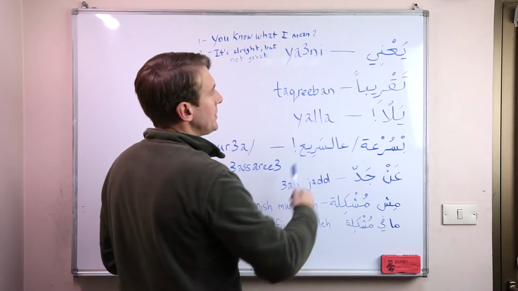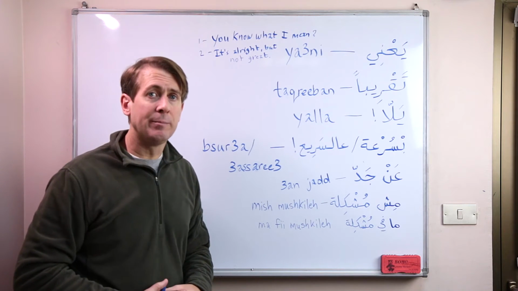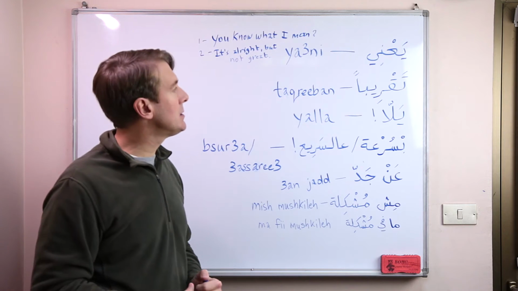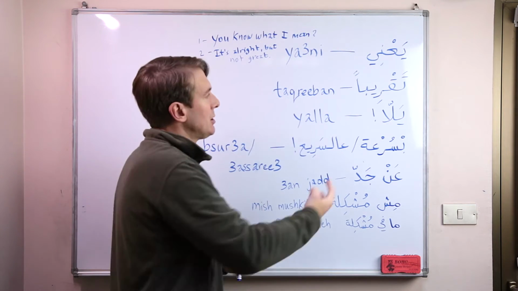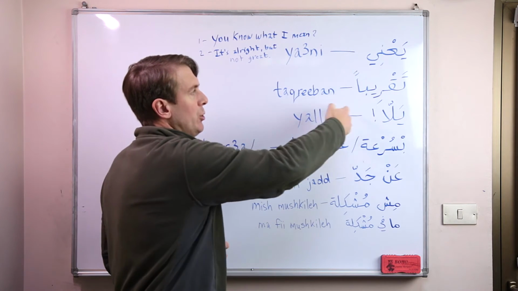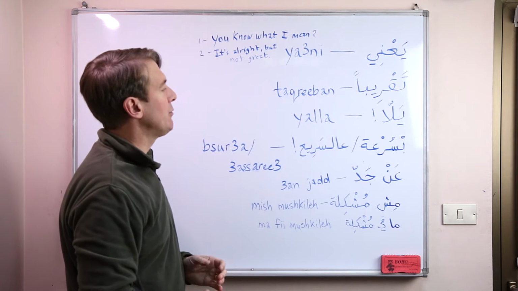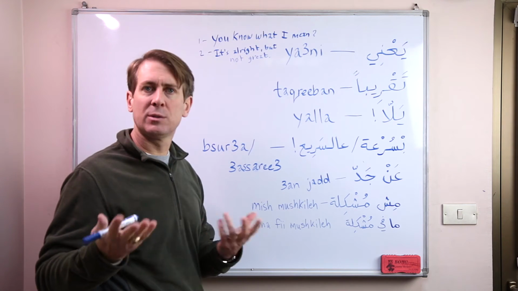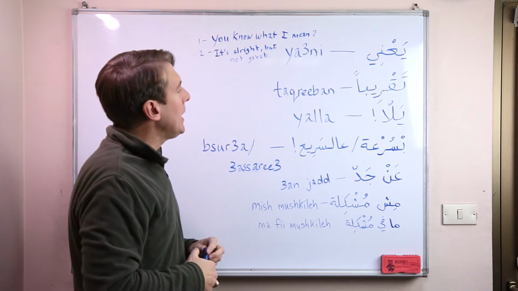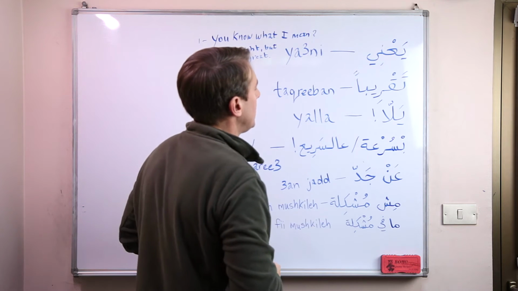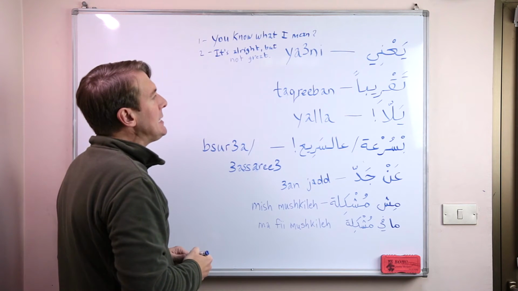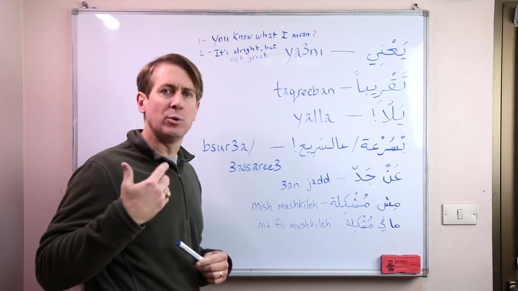So the next one is تقريبا or تقريبا. All right, تقريبا. Sometimes we don't pronounce the qaf. We don't have to. In fact, if you pronounce the qaf, it's fusha, like you'd read. And what it means is almost.